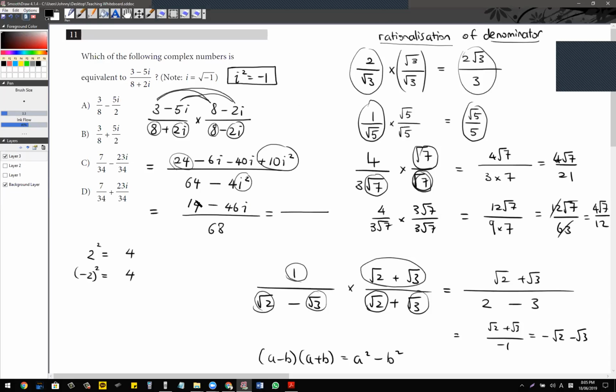So you divide by 2, you get 7, and that divided by 2 is 23i. So the answer is this one here. Right. So it's a bit complicated, this one.